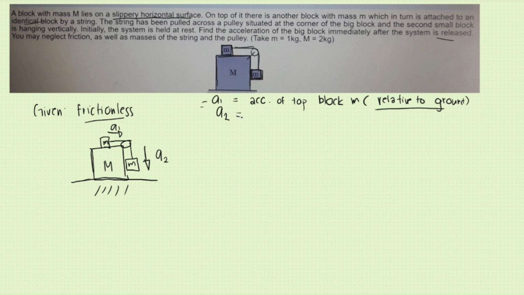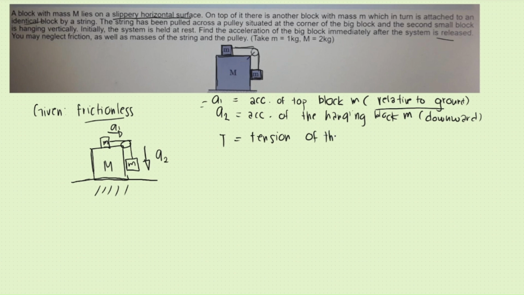So we'll make the reference the ground, which is stationary. A2 is the vertical acceleration of the hanging block, going downward. T obviously is the tension of the string.